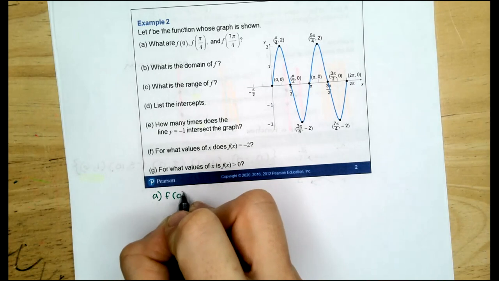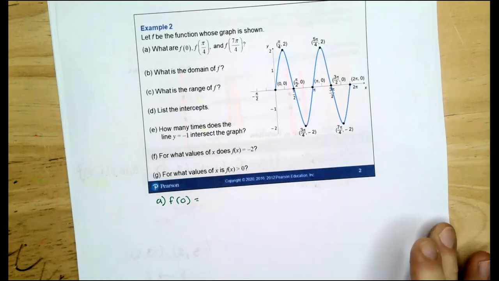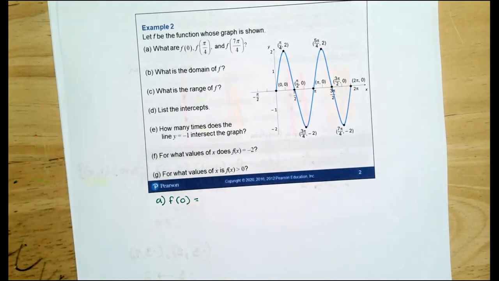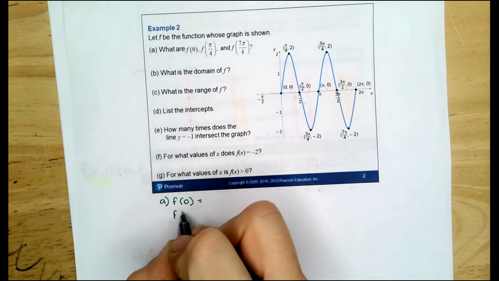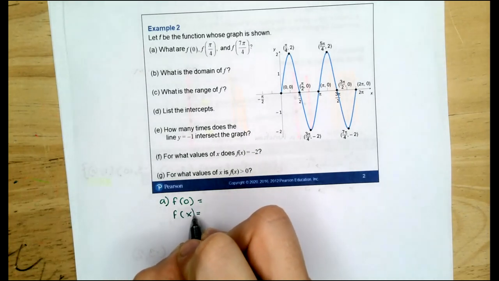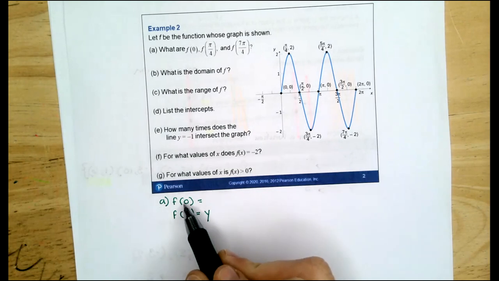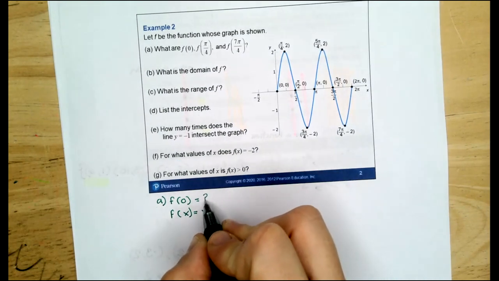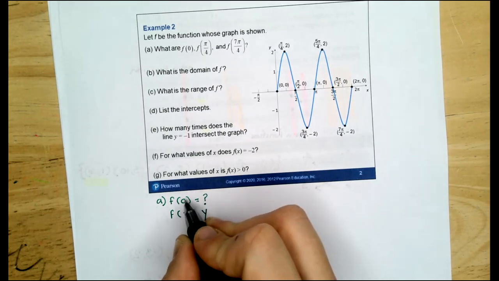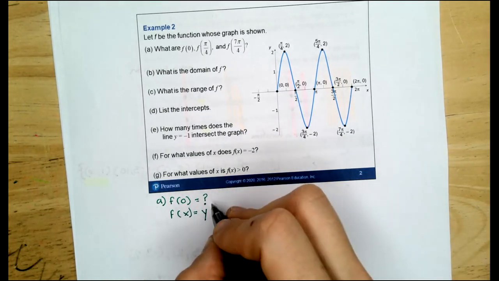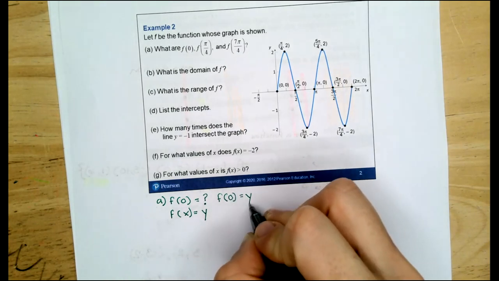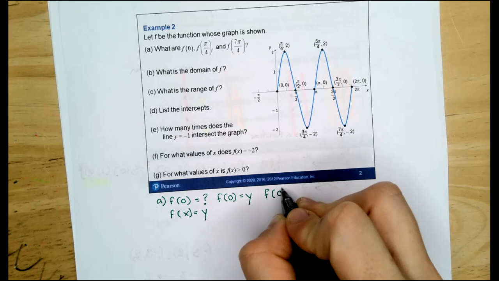F of 0 means that when x is 0, what is y? Remember, f of x is y. So when x is 0, what is y? We just need to find y when x is 0. Okay? So just look at your graph.